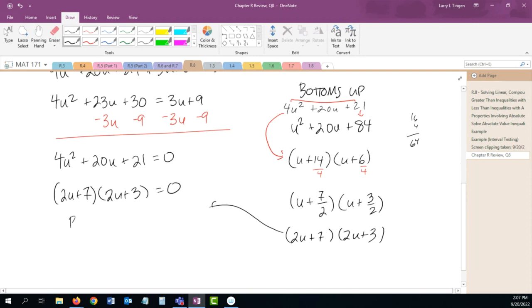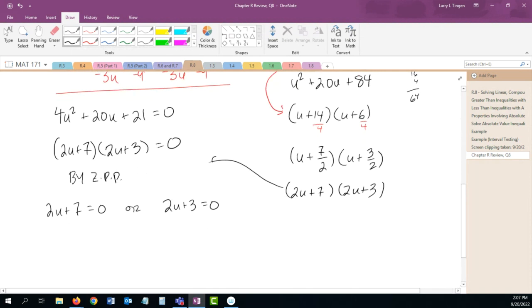What's going to happen though? I got two things that multiply to give me 0, so by the zero product principle, either the first one is 0 or the second one is 0. Solve for u.